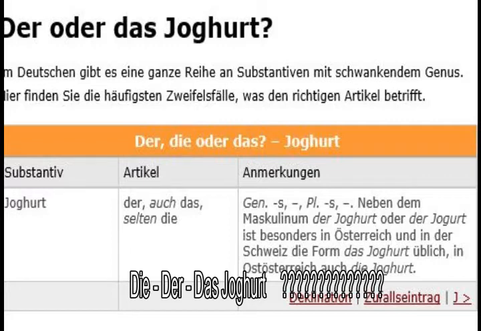But looking it up in the Duden, sort of the equivalent to the Oxford Dictionary, we find that yogurt is mostly der Joghurt, but in Austria it might rarely be used as die Joghurt. So I don't know, where is that coming from? What does it all mean? I'm a native speaker and my family used die Joghurt, and I'm sure my neighborhood used die Joghurt, and suddenly we are wrong.